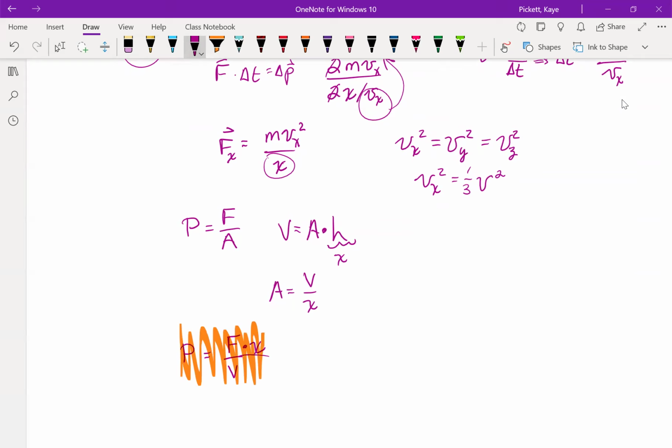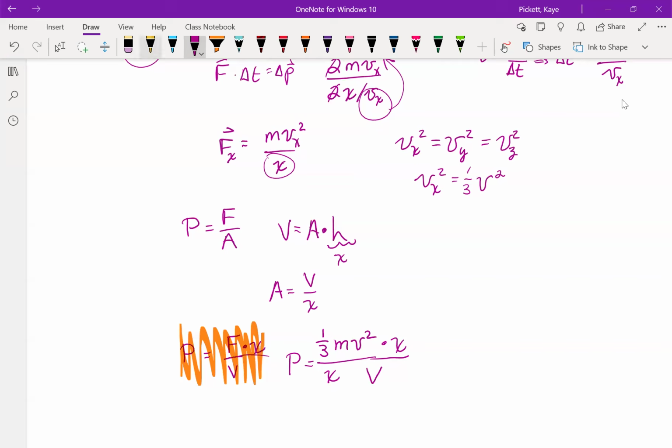And so what I have here is my pressure is force. Well, my force is 1/3 m total v squared, because I need all of the particles that are moving, divided by x, times x, divided by volume, and that equals the pressure.